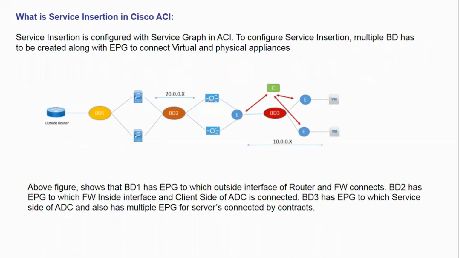Now, how does it work? In a similar scenario, let's suppose a firewall is there. Your external traffic hits it in some external VLAN, and then your traffic goes to the internal interface, which is in an internal VLAN. So there are external VLANs, and likewise there are internal VLANs.